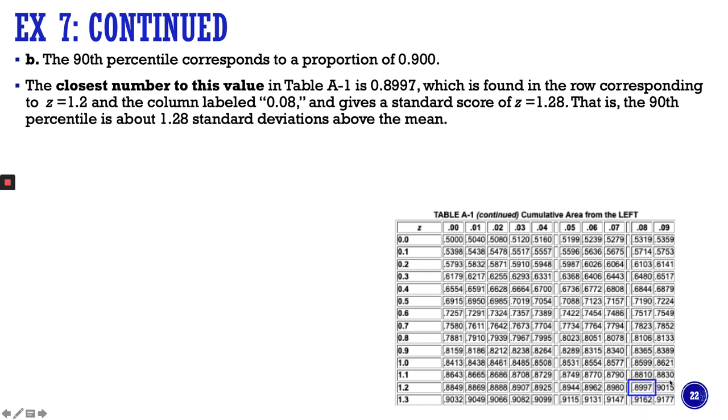So you have to just really look at the data values to see how close they are to the 90. So because of this, I can look at the score, and this goes over to 1.2, and it goes up to 0.08. So that's where I get the 1.28 z-score. That is, the 90th percentile is about 1.28 standard deviations above the mean.